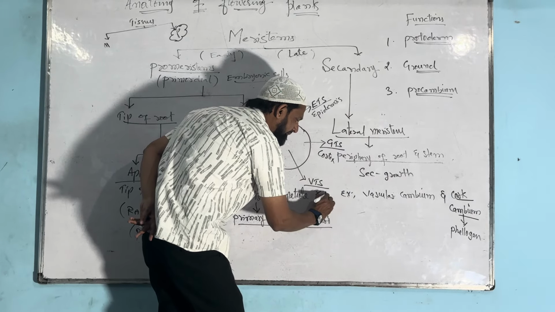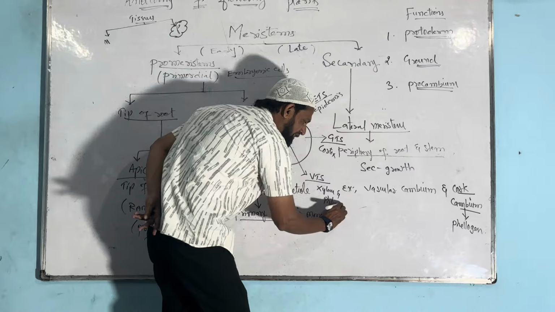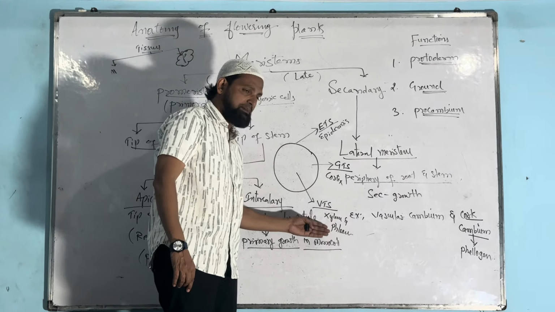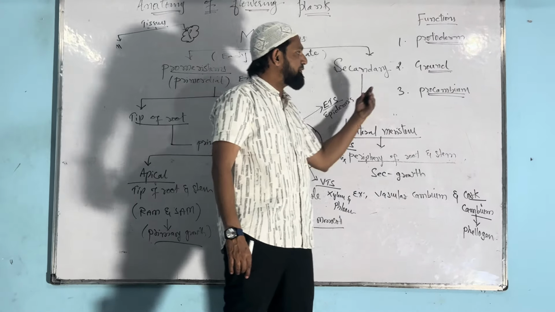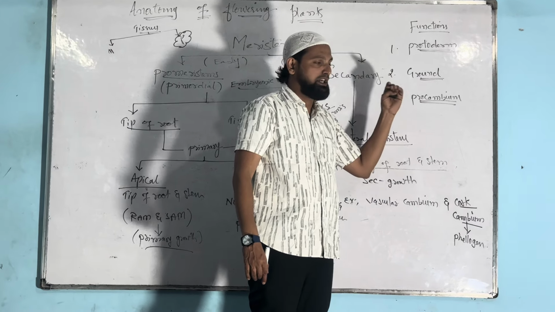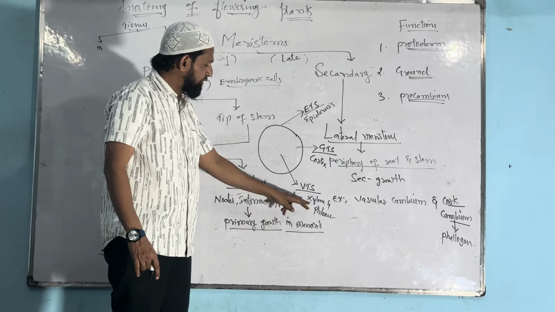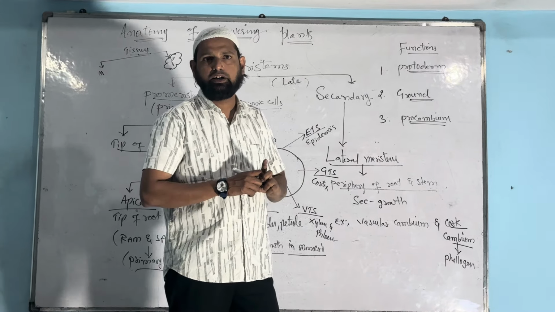Xylem and phloem. So xylem and phloem come under the vascular tissue system. VTS is permanent, which comes from which meristem? Procambium, one type based on function. And the function is that xylem and phloem help in conduction of water and food.